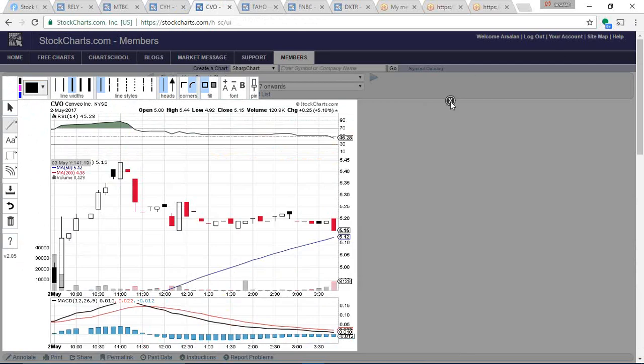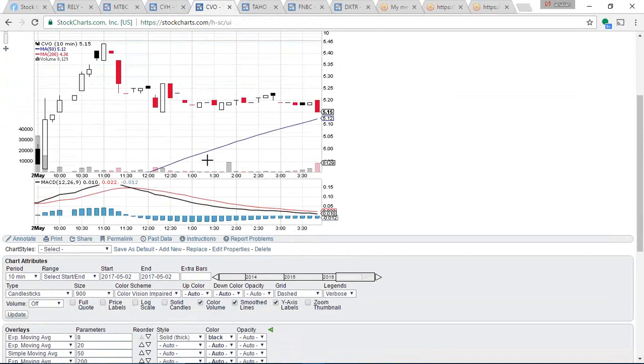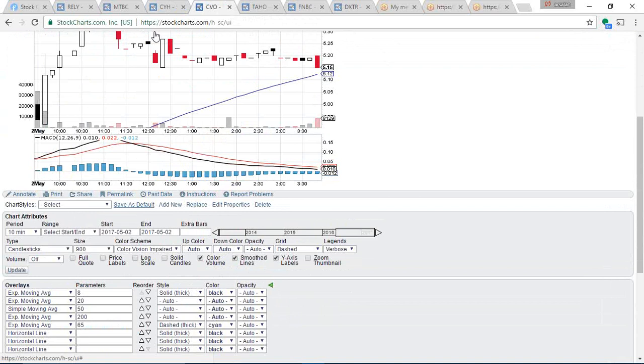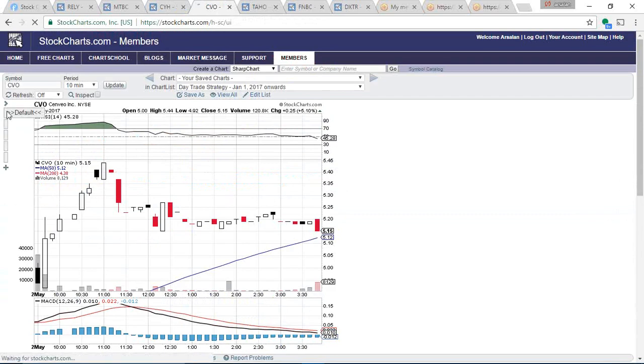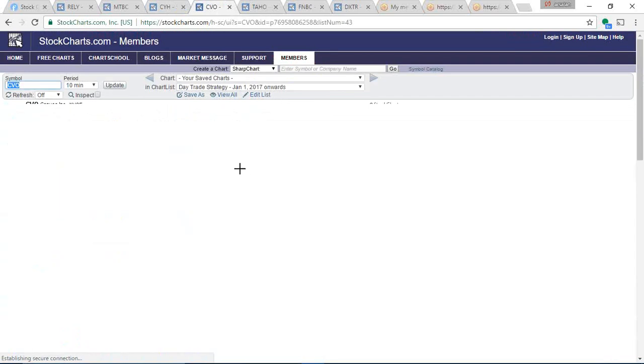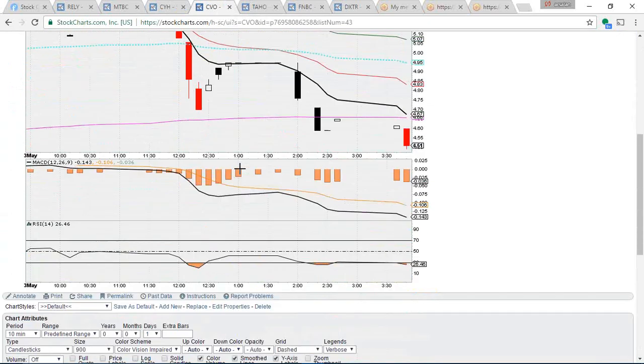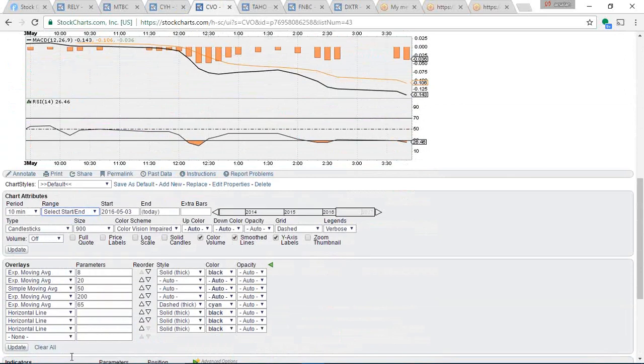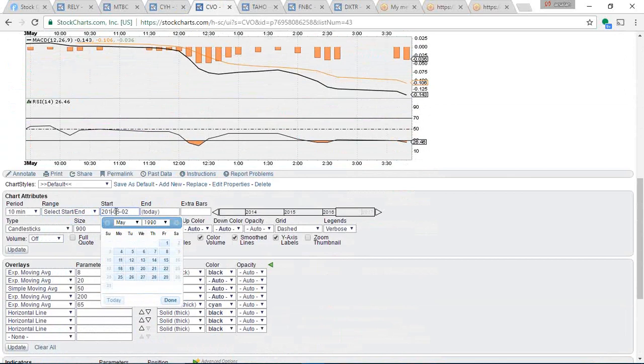And again, I'm going to sound like a broken record, but this is how we have to do it, and this is how disciplined we have to be. We have to draw our lines the same way every time. So let me do the dates. We need it for 2017.